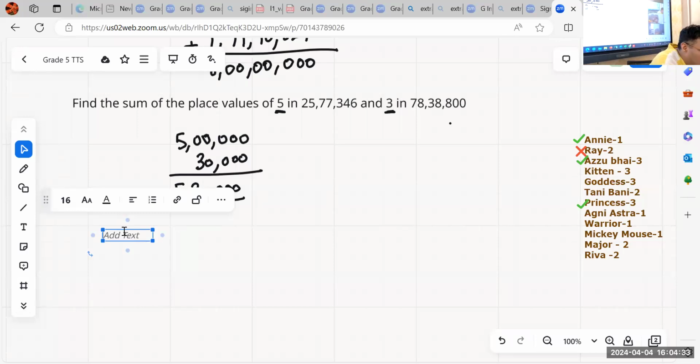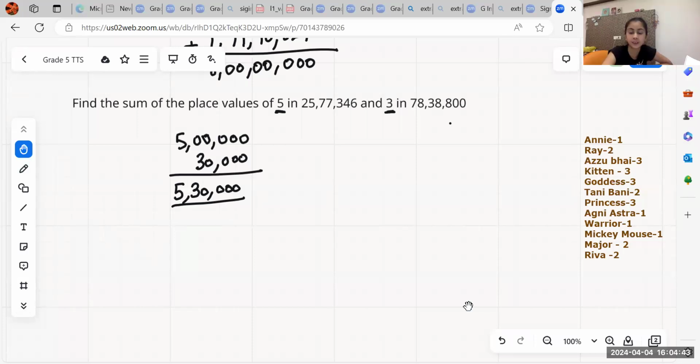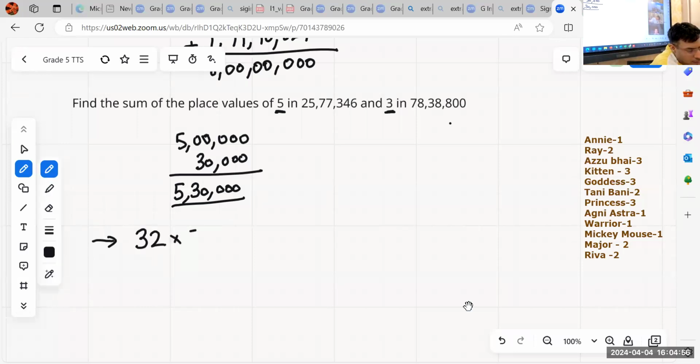So, when you multiply 1 with any number, what do you get? The number itself. We all know that. When we multiply 0 with any number, what do we get? 0. Who said it like this? I think it was Annie. So 32 into 56. Everyone send the answer in the chat.